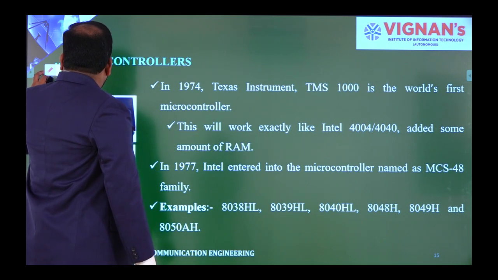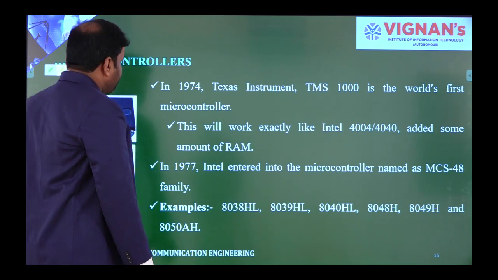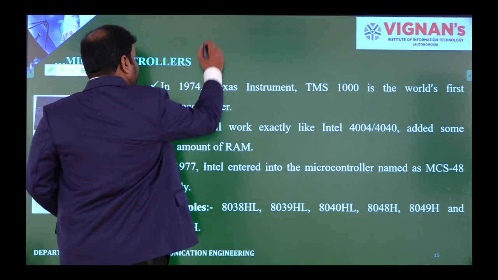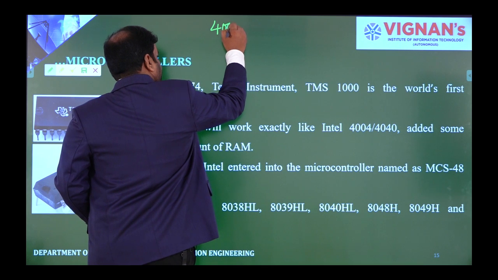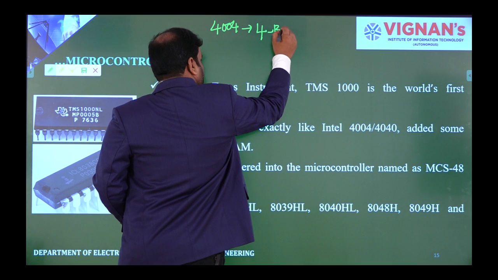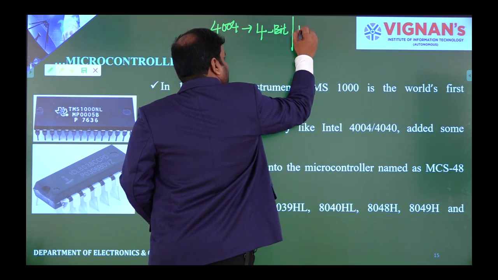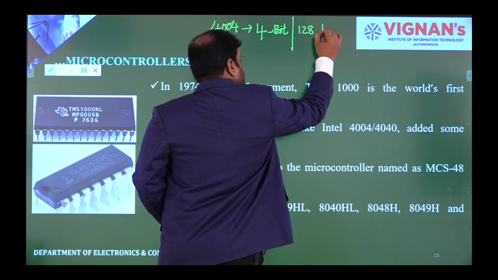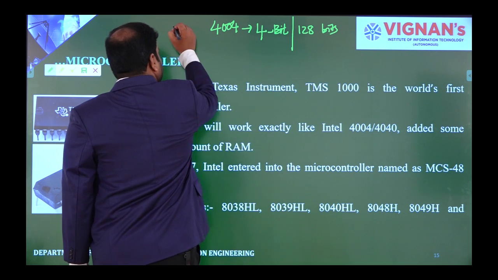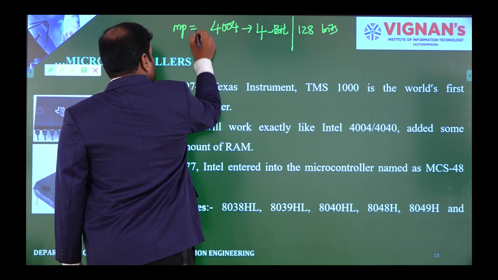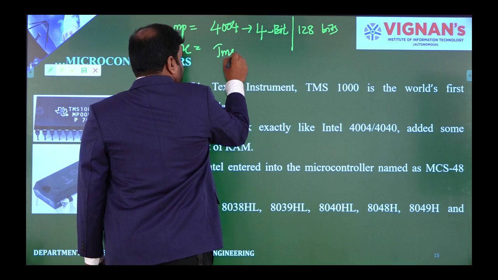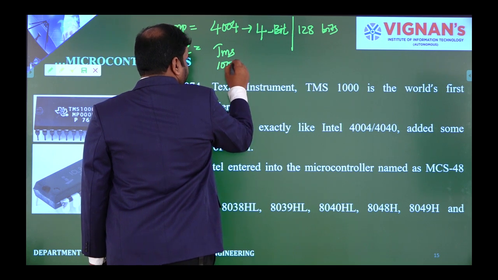When it comes to microprocessor generations, the first microprocessor is the 4004, which is a 4-bit microprocessor with 128 bits of memory. The same applies to microcontrollers. For microcontrollers, they use the TMS 1000.